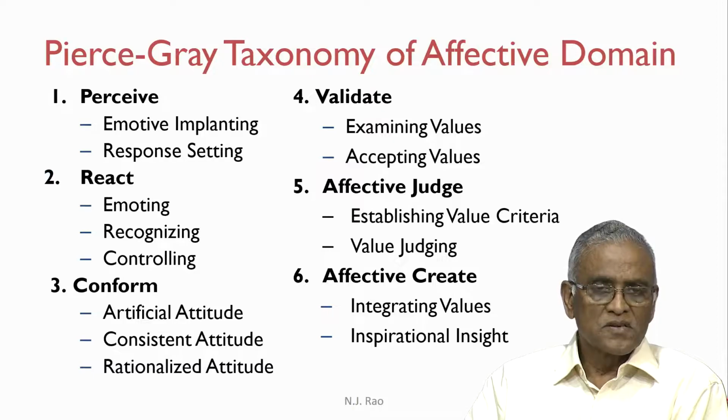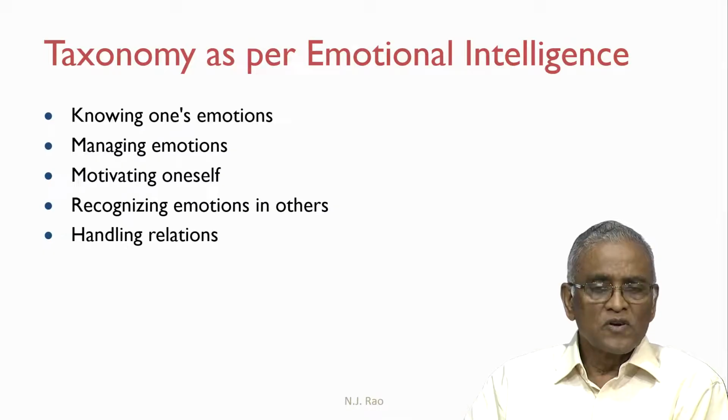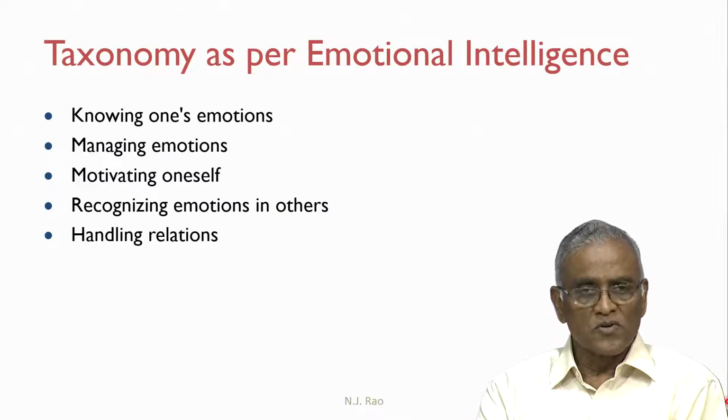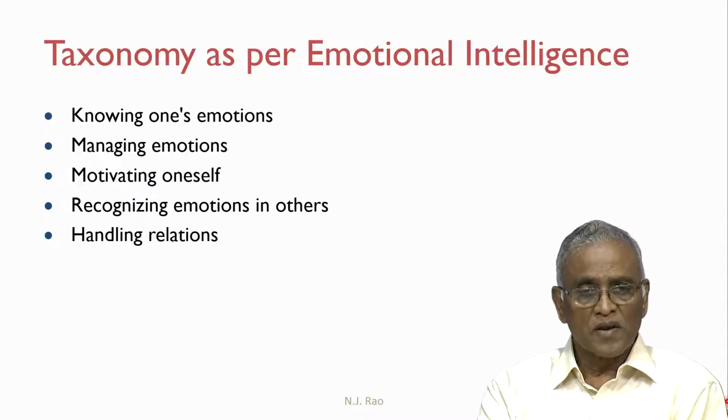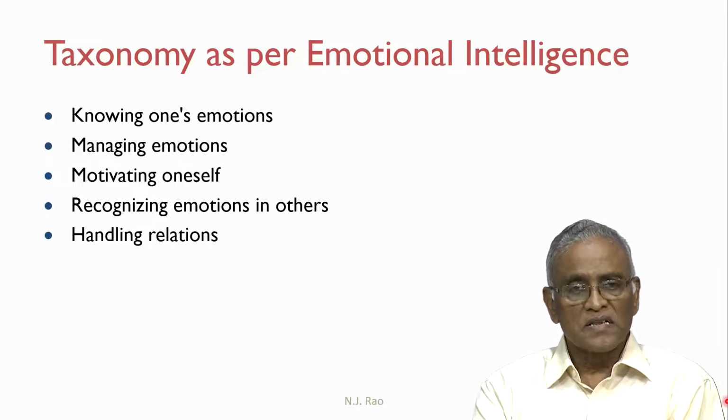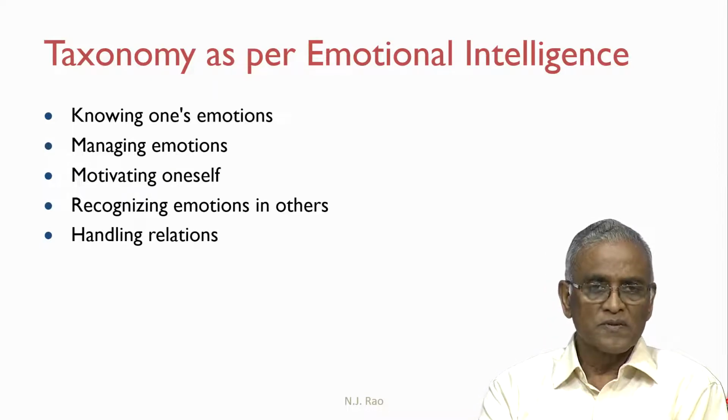You can say these two activities are knowing one's own emotions. Knowing one's emotions, you have to manage the emotions. For example, this is one of the basic skills that every human being requires, not necessarily with respect to higher education. In our day to day life, your affective behavior will vastly improve if you are able to do this. One is knowing one's own emotions.